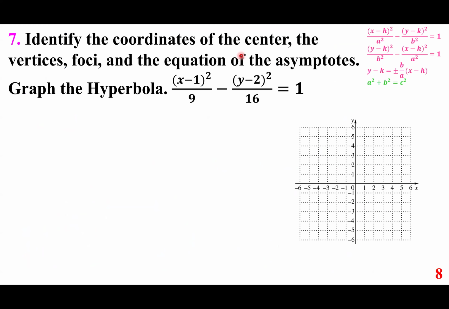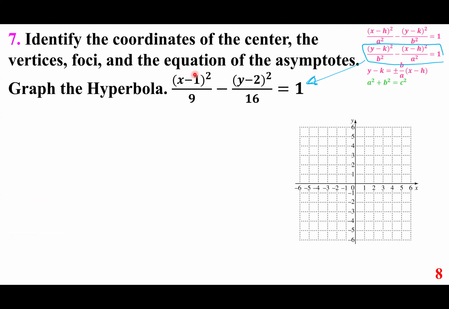Identify the coordinates of the center, the vertices, foci, and the equation of the asymptote. Graph the hyperbola. So (x minus 1) squared over 9 minus (y minus 2) squared over 16 equals 1. And of course, we are going to compare it to this one. And it's a hyperbola because it's a negative sign here.